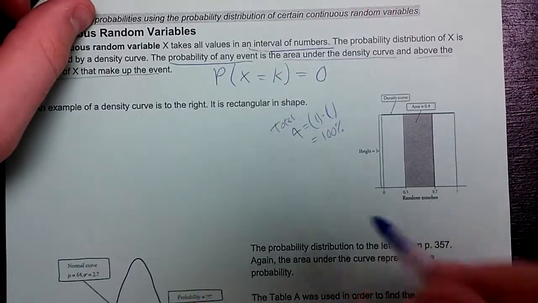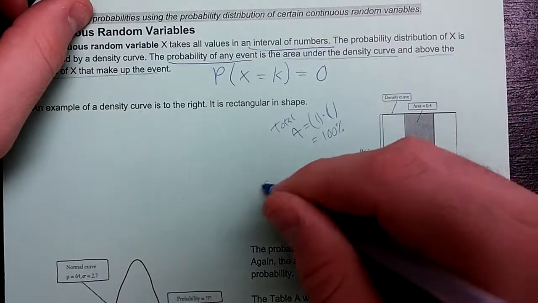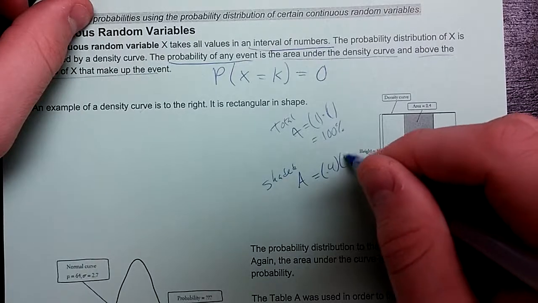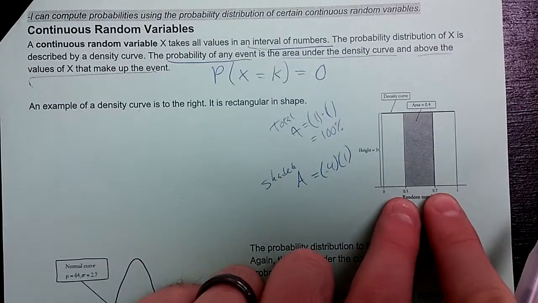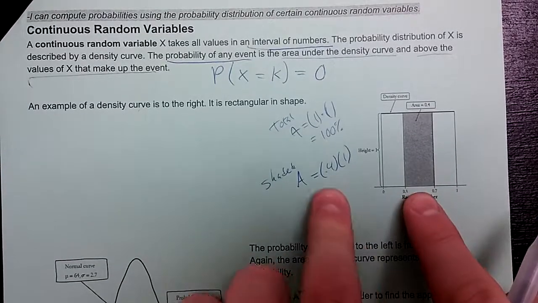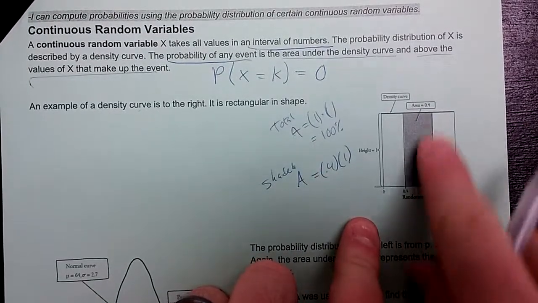The shaded region, if you find that area, it is 0.4 as the base and 1 as the height, in case you're confused about that. That's 0.7 to the right and 0.3 to the left. The difference between the two is 0.4, which is the base, and the height is 1.